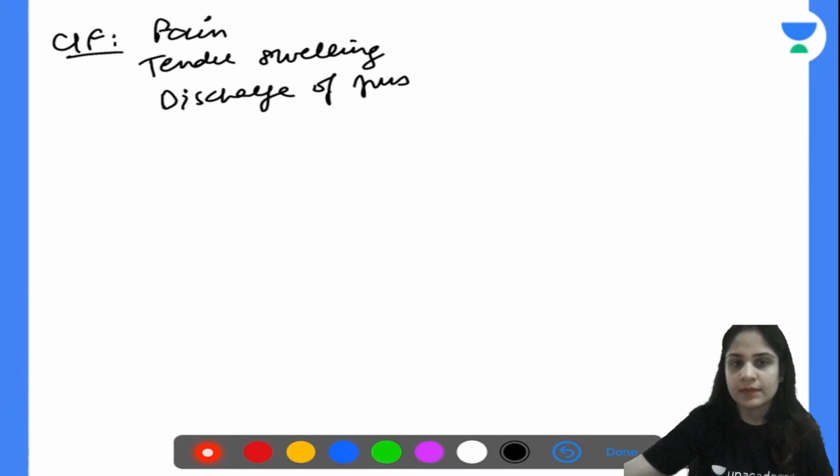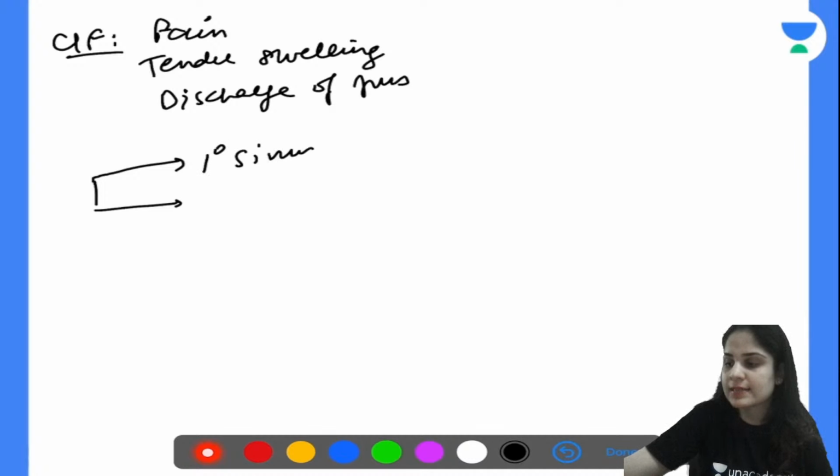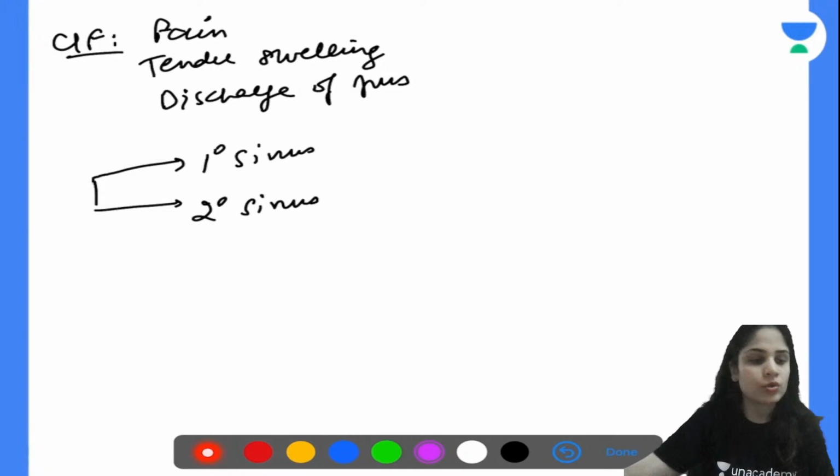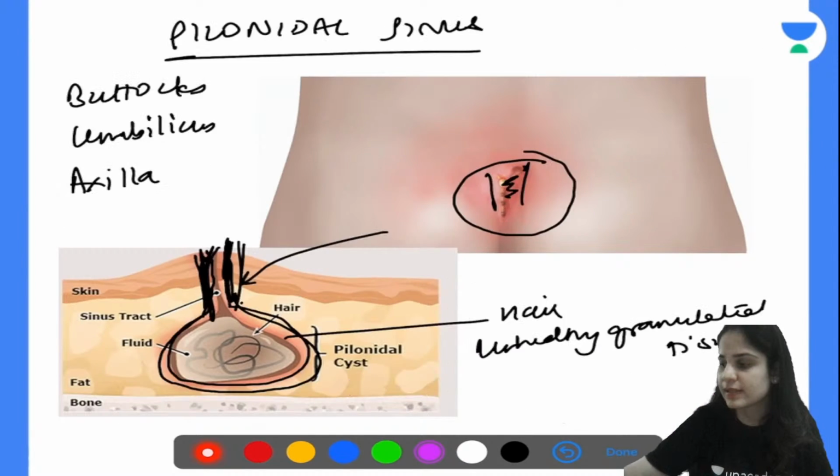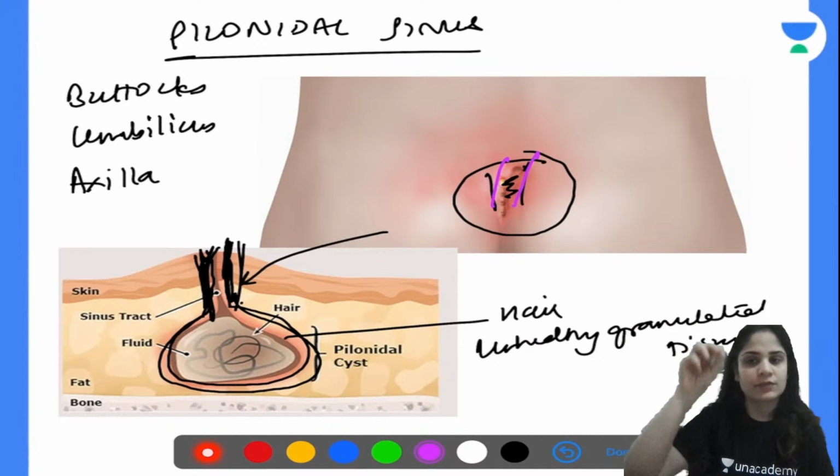Then the next thing is, how do you differentiate between primary sinus and secondary sinus? I told you the primary sinus is the one here, where the hair first starts going inside and it forms a tract.